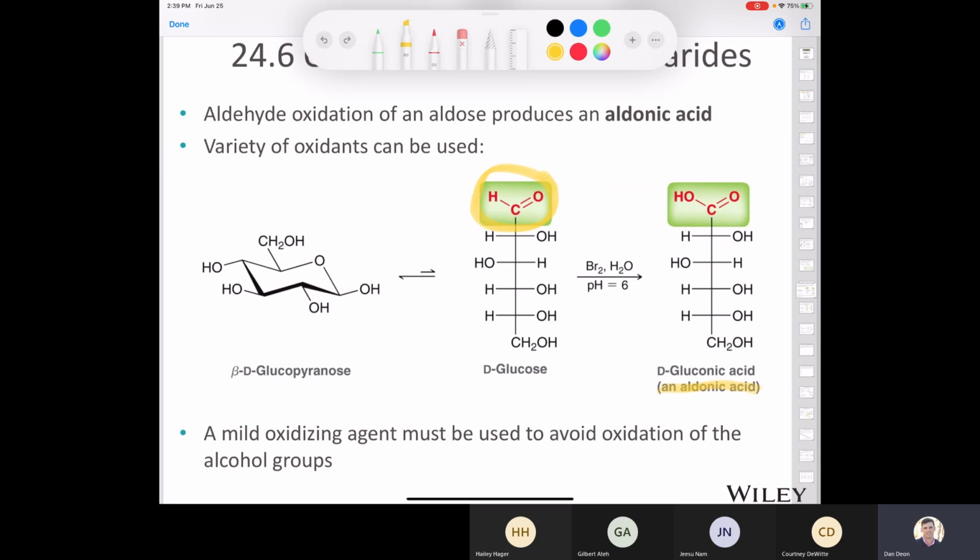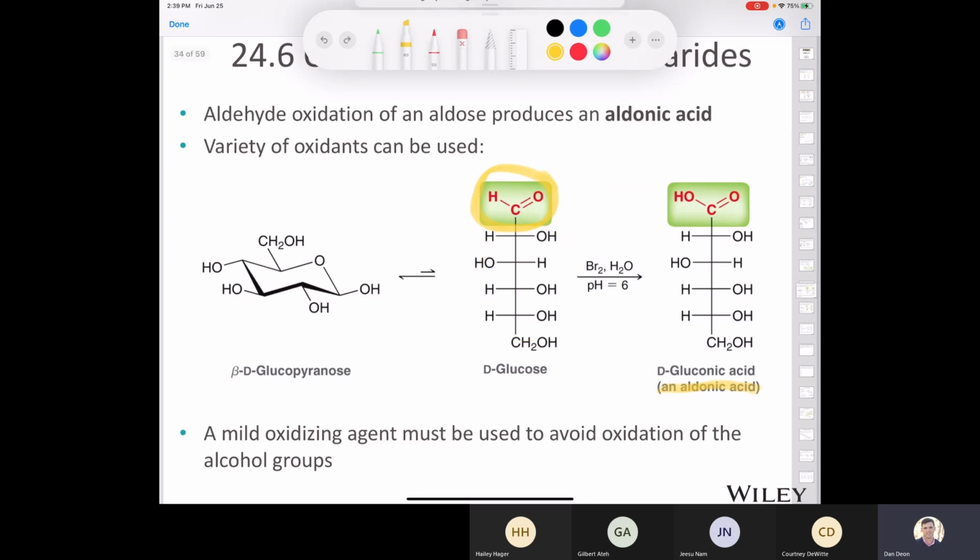Anyhow, this is how we make an aldonic acid, just by taking the open chain form, our aldose, and treating it with bromine and water at a pH of 6, and that causes the oxidation of the aldehyde, but leaves all of these secondary alcohols intact.